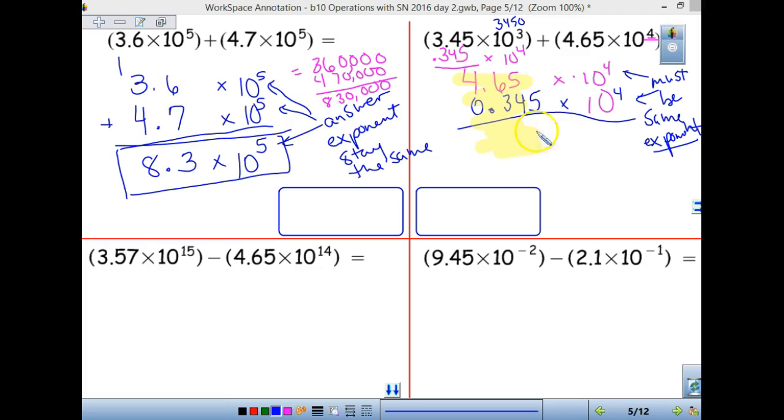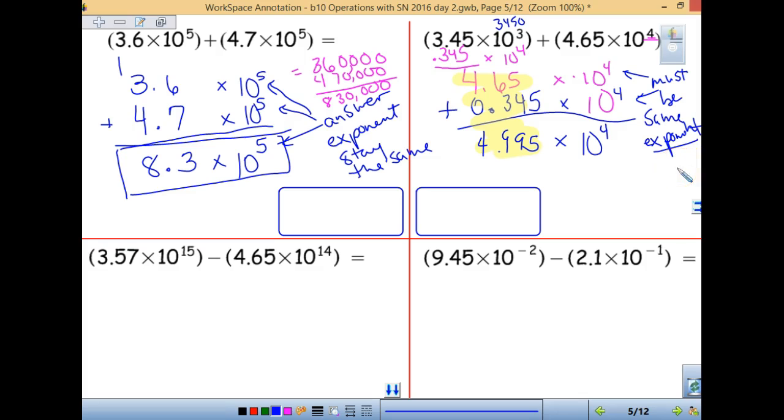So we're going to keep this times 10 to the 4th. So when I add these two together, I get 4.995 times 10 to the 4th. Could I write it out in standard form? Yes, I would have moved this over 4 places, but they ask us to leave our answers in scientific notation.